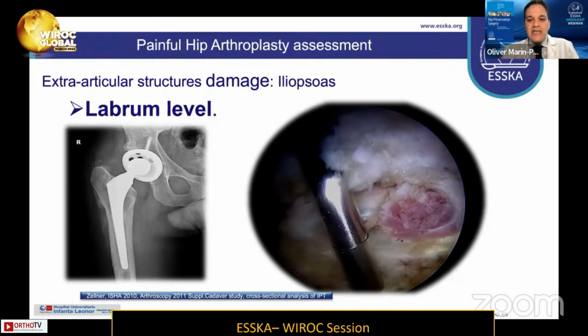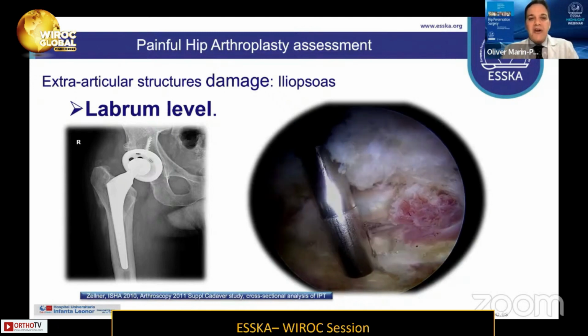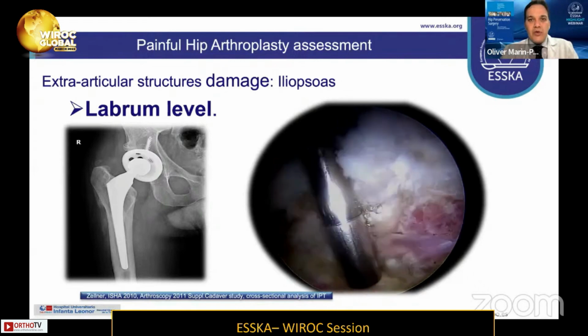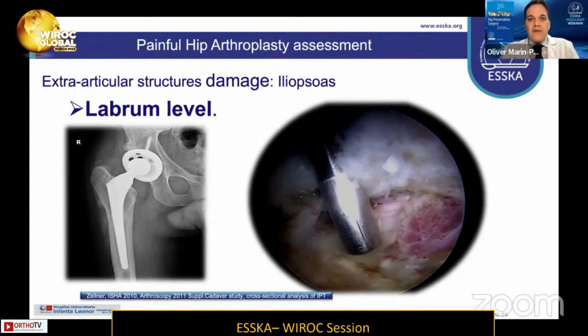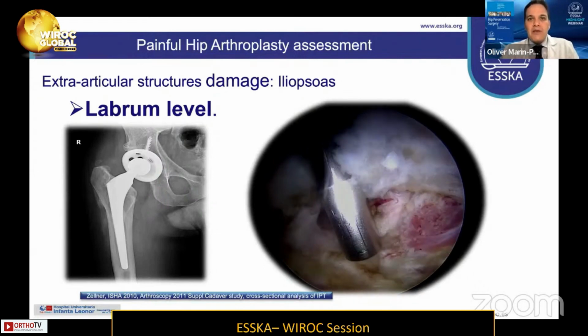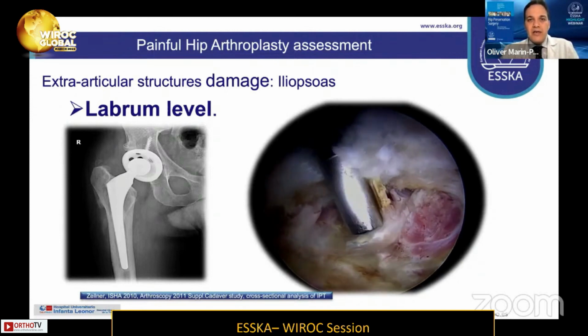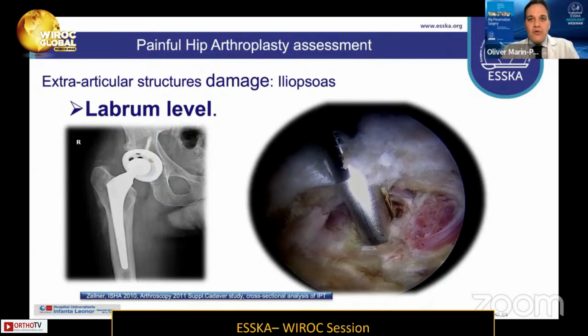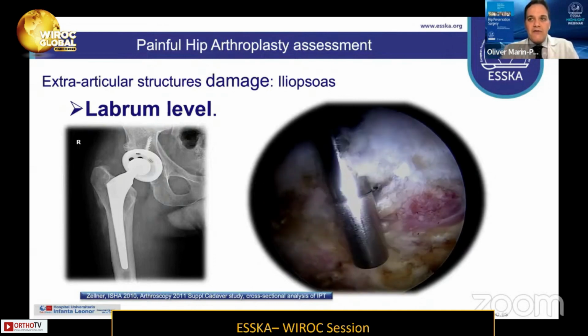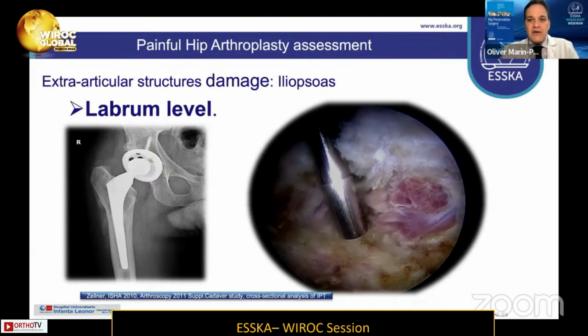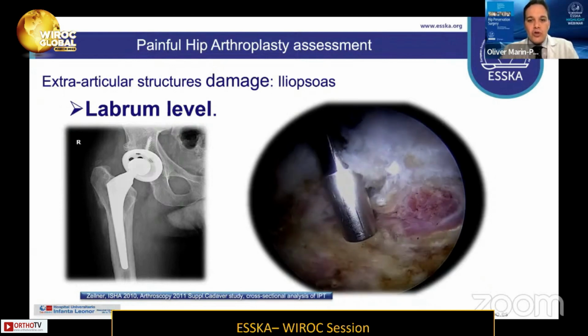You can nicely see this white area is the iliopsoas tendon, which, I repeat, is 40%. So there is no huge muscle damage, and the function of this tendon here can preserve the motion of the patient and the strength of the muscle, with the 60% of the muscle area that you don't cut.